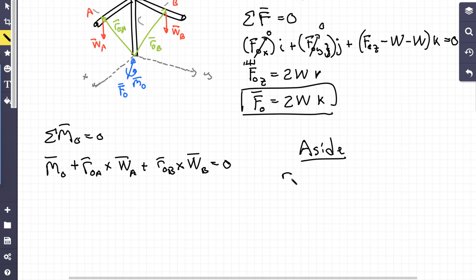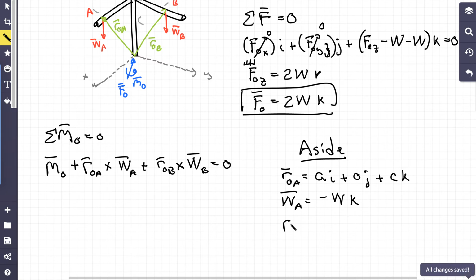So we can say that R vector OA, if you look at this, it's going positive X, and that's in the A direction, so it's A i. There's nothing in the j, and it goes up C in the k direction. Then we have the W vector A, and we get a negative W in the k direction.